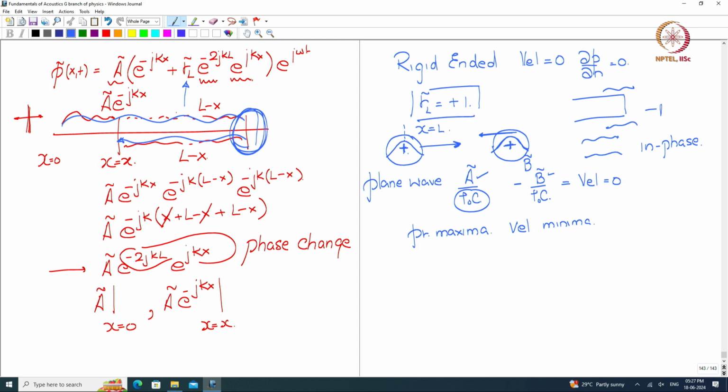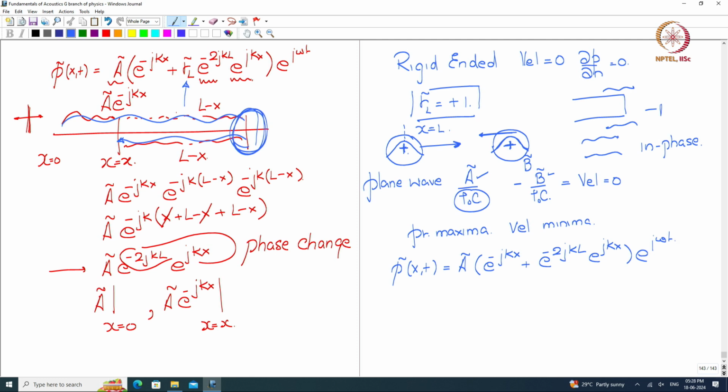So if we go with that, I have P tilde (x, t) equal to [A tilde e to the power of minus j k x plus 1 times e to the power of minus 2 j k L e to the power of j k x] e to the power of j omega t.